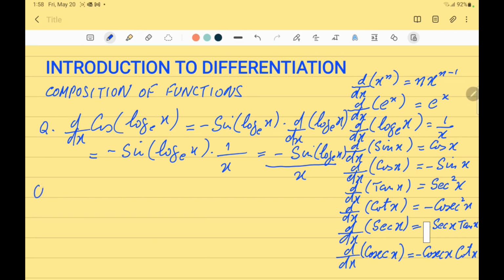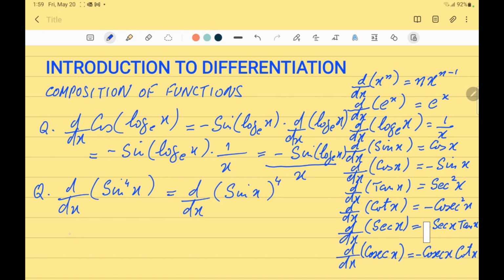The next example is d by dx of sine^4 x. Here we will differentiate twice, once because of power and then because of sine x as well. So this can be written as d by dx of sine x raised to power 4.